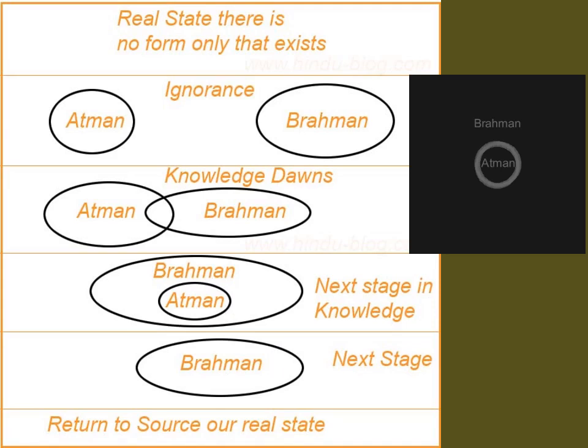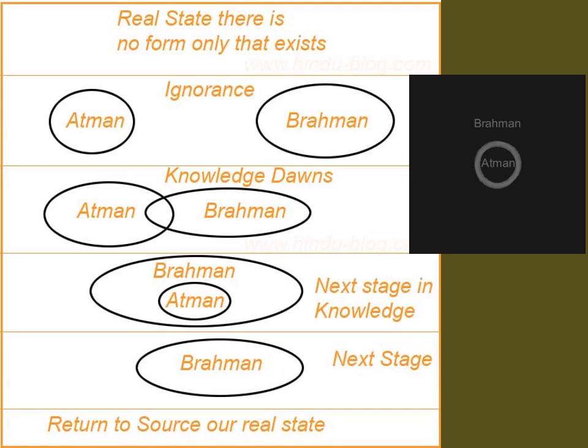So in reality there is no form, only reality exists. So at the lowest level of understanding, because of ignorance, we think that the Atman, the soul, and the Brahman, the universal cosmic principle, are different. Then as knowledge dawns, we see the soul and the Brahman coming together.